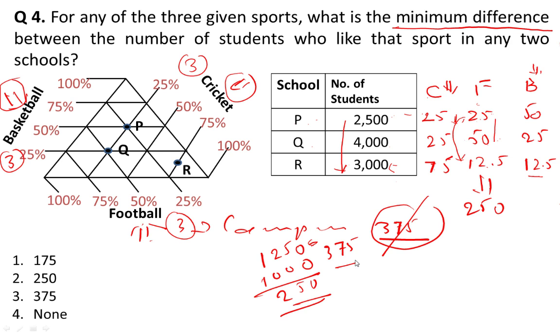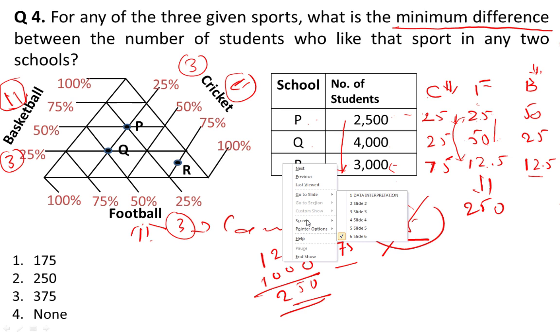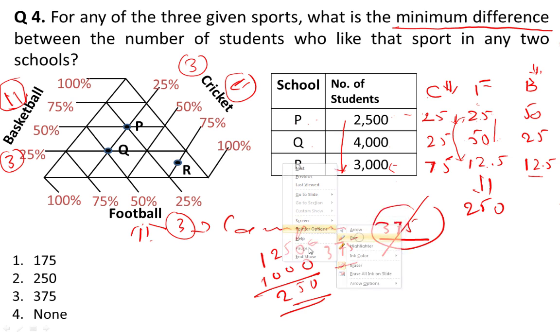This I remember from our previous calculation. So you have an option. If you don't remember, you can again go for the calculation, which is very simple. That is 3000 into 1 by 8. You can do that. Okay, fine. So I can see the difference is much more than 250, the difference between 1250 and 375. So PQ, till now PQ stands the least.